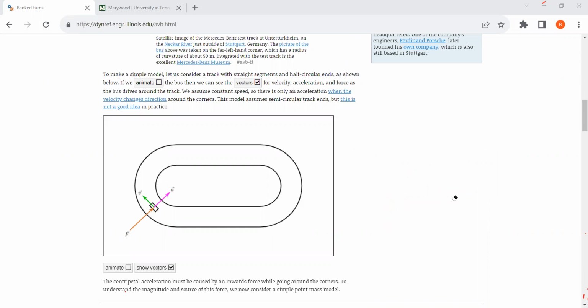At that time, someone needs to provide a centripetal force, and that centripetal force is provided by the friction force between the car tires and the street. If there is no static friction, the car will not stay on the track. It will skid away.